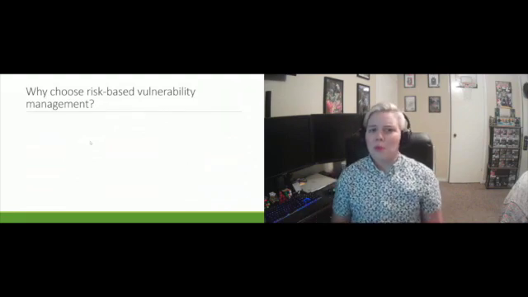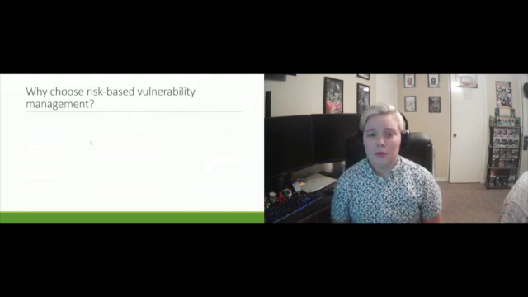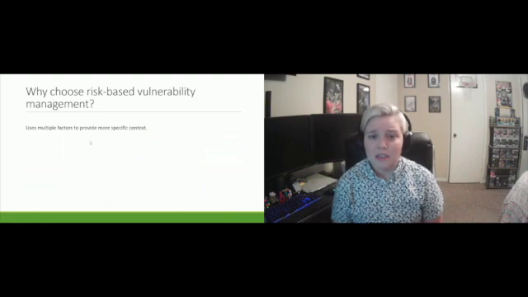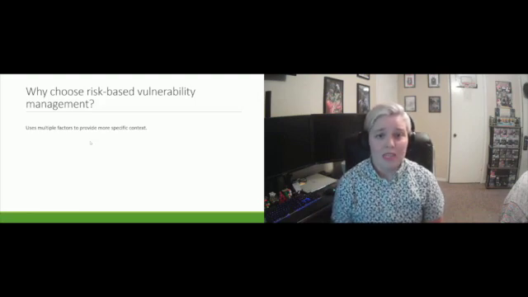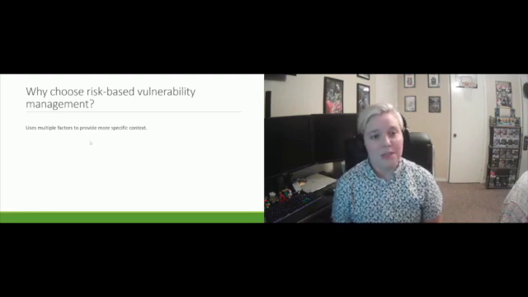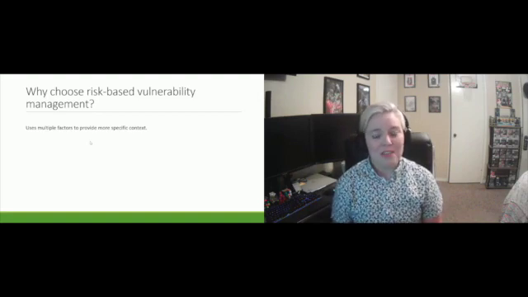So let's start off with why choose risk-based vulnerability management. First and foremost, risk-based vulnerability management is going to utilize factors or information from the vulnerabilities, the affected assets, as well as potential threats to help you gain a bigger picture of the overall severity, as opposed to your traditional vulnerability management styles or frameworks that focus pretty heavily on the severity of the vulnerability and the vulnerability itself.